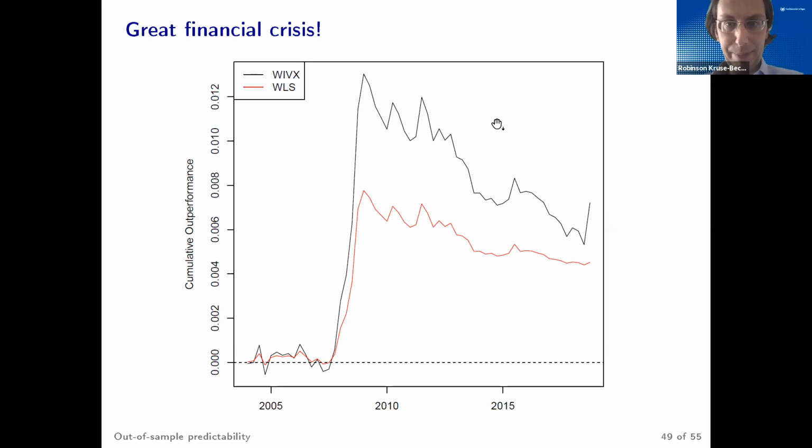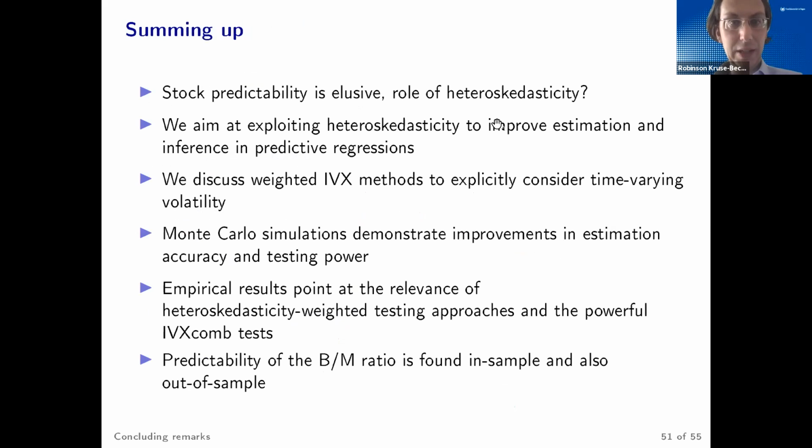Okay, well, let me conclude. The predictability of equity premium is still elusive. Heteroscedasticity plays a certain role. We aim to exploit heteroscedasticity. Now, we do not see this as a problem, but as a potential for improving estimation and inference.